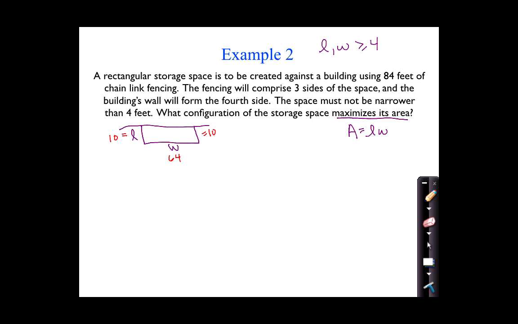I could have it narrow the other way instead. But I could have something, and maybe it's this way, or maybe more squarish. And thinking about length and width, maybe this is like 30. And then this side's 30. And then that's 60 feet out of the 84 used. So there's only 24 left for this.